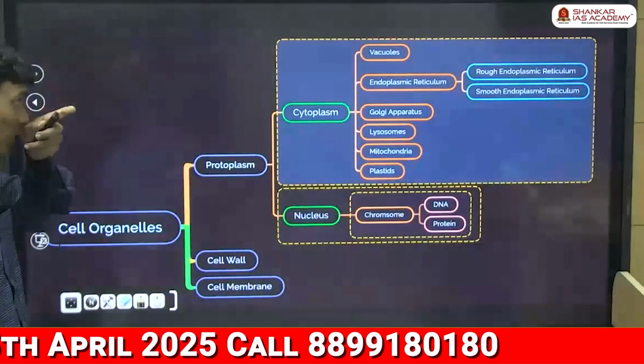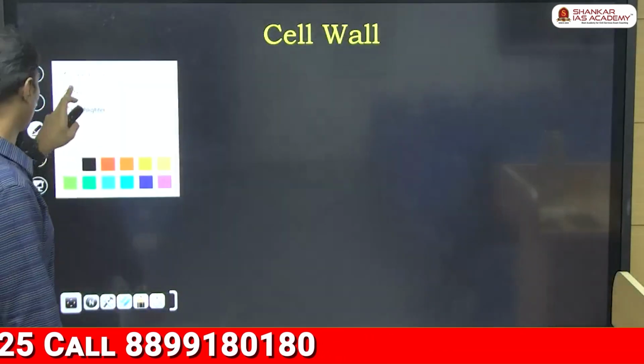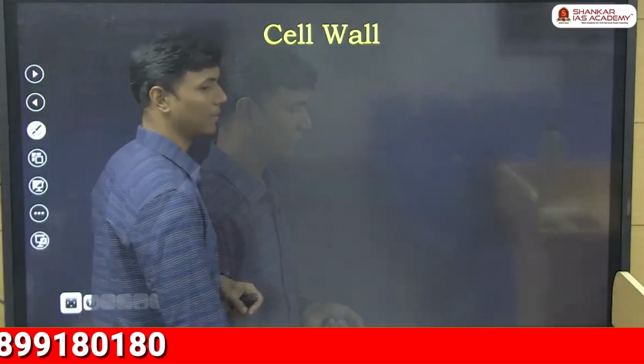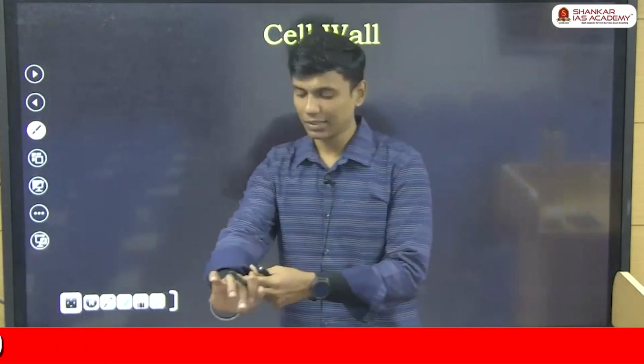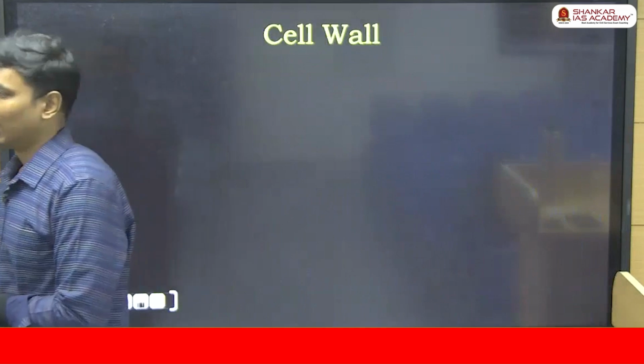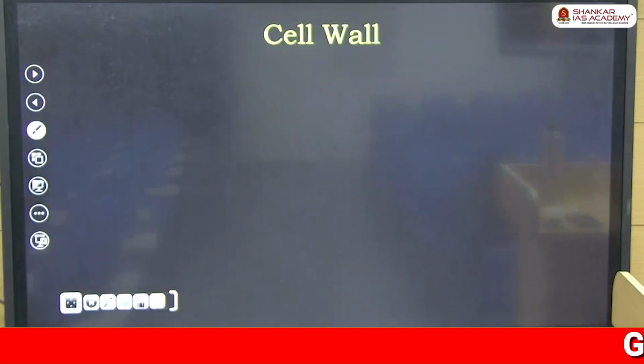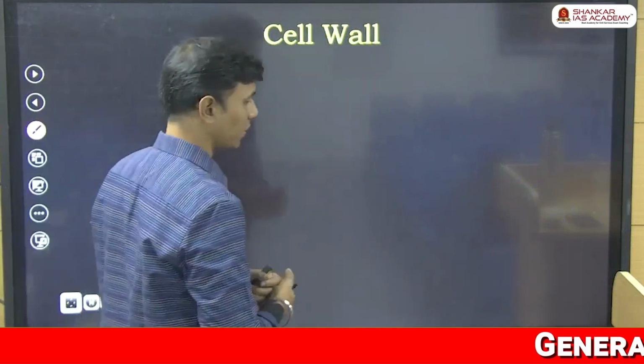Okay, the first organelle that we are going to talk about is the cell wall. What is the title? Cell wall. The cell wall first gives shape and structure to the cells.